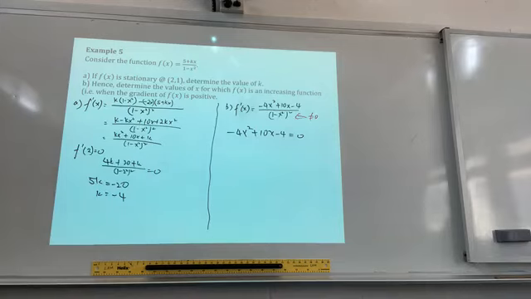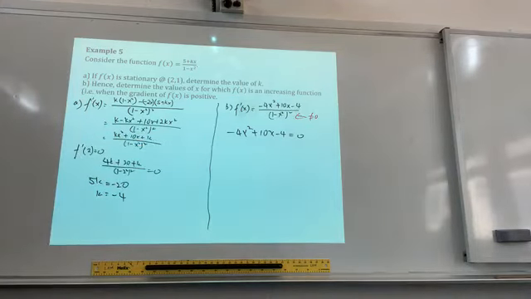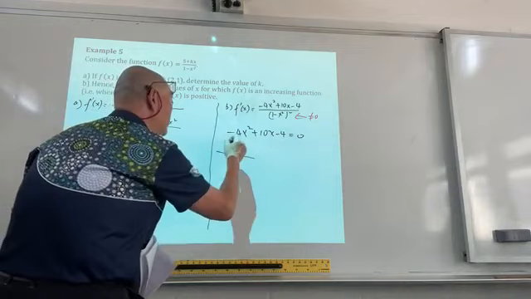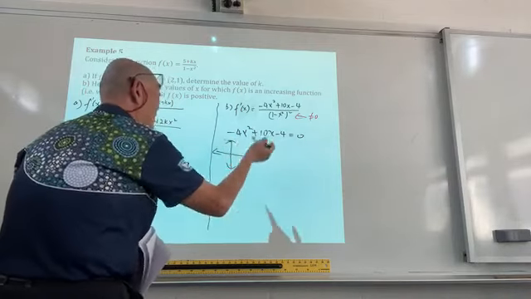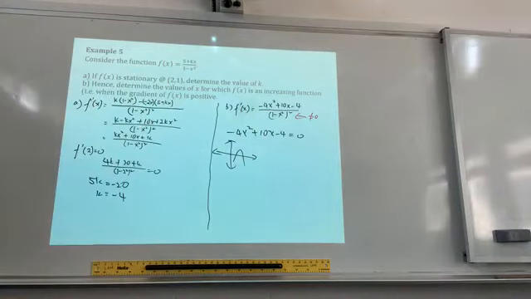So here, go back to your year 11 methods. Is this a U-shaped parabola or the upside down parabola? Upside down. Negative means it's upside down. So let's draw this, sketch it. Where is it positive?